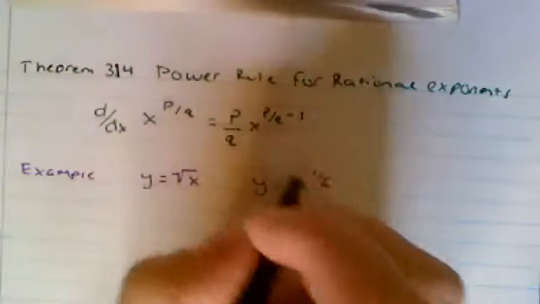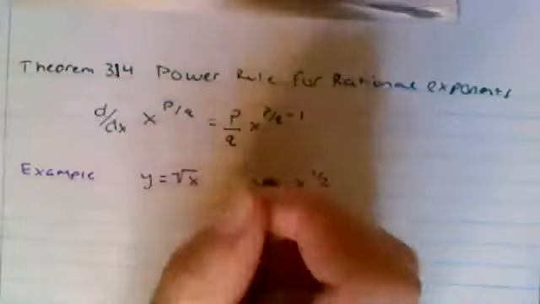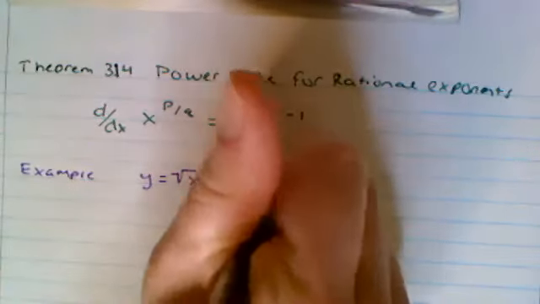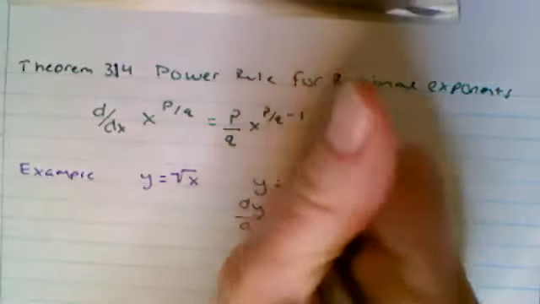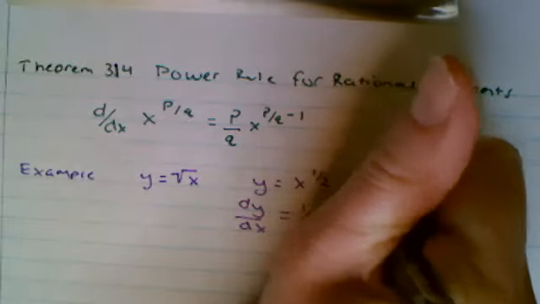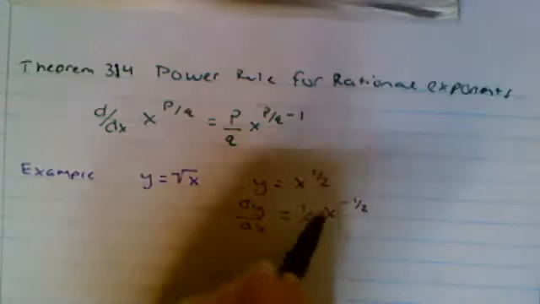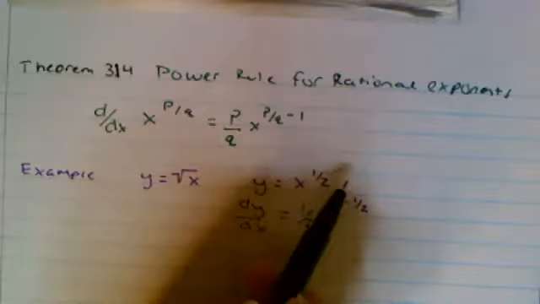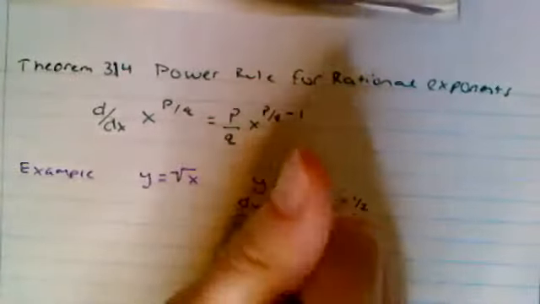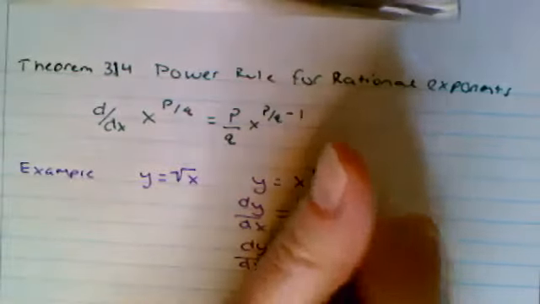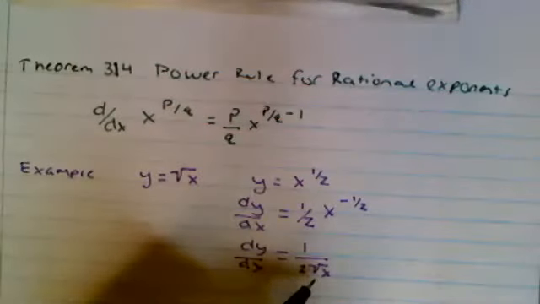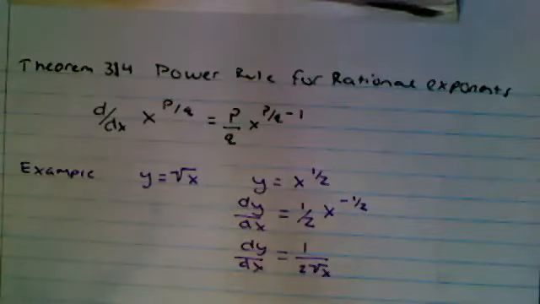We've been doing a lot with implicit differentiation, so we're going to do that for this one. dy/dx is going to equal 1/2 x to the negative 1/2, and it's negative 1/2 because I'm doing 1/2 subtract 1. Then I'm just going to simplify. dy/dx equals 1/2, and then this negative 1/2 exponent drops down, and I'm going to turn it back to a square root.